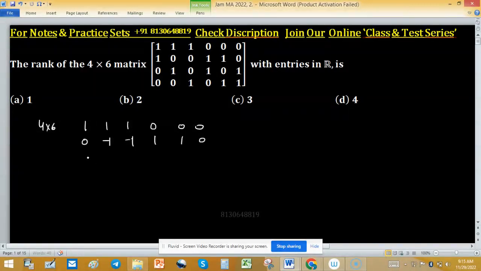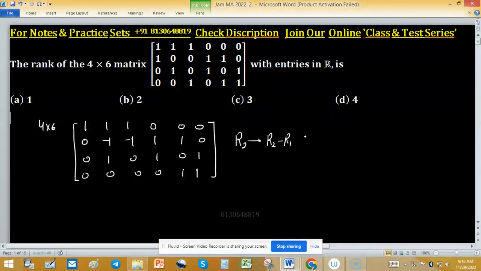Third row 0 1 0 1 0 1. Fourth row 0 0 0 1 1. This is our first equivalent matrix obtained by the elementary row operation R2 minus R1.